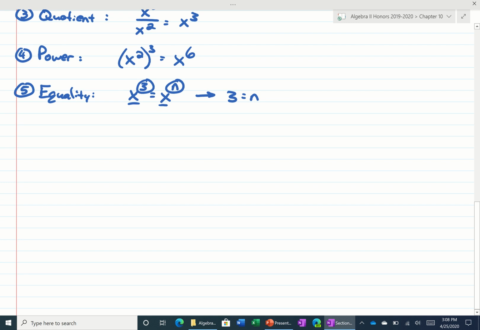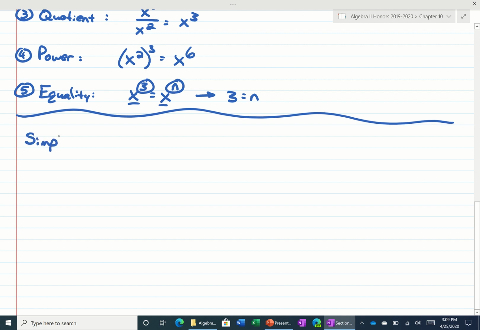Let's take a look at some examples. So I'm just going to be asking you to simplify. Let's say 7 root 2 times 7 root 3. Using the properties, they do have the same base, so we could add the exponents.